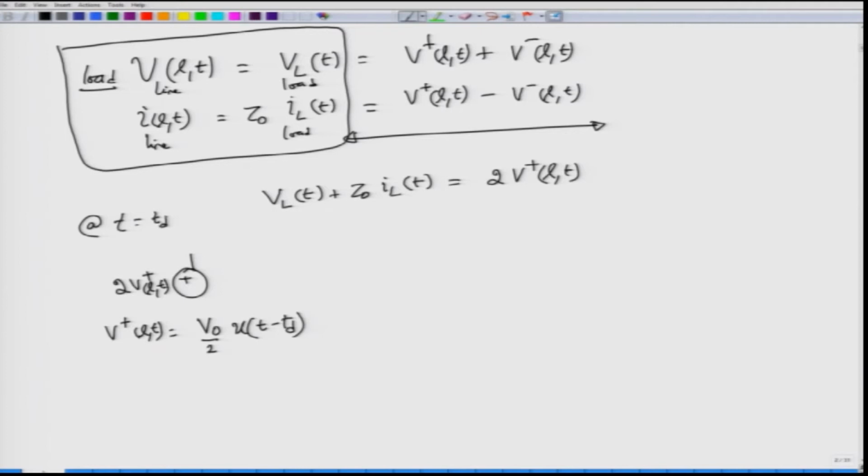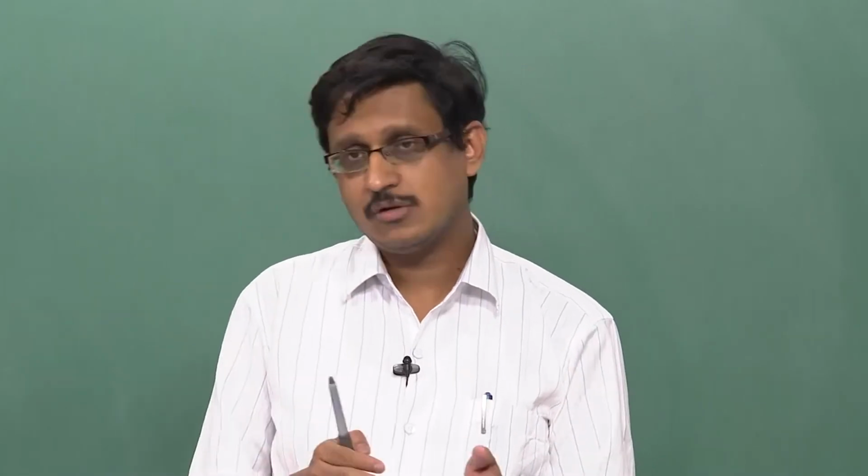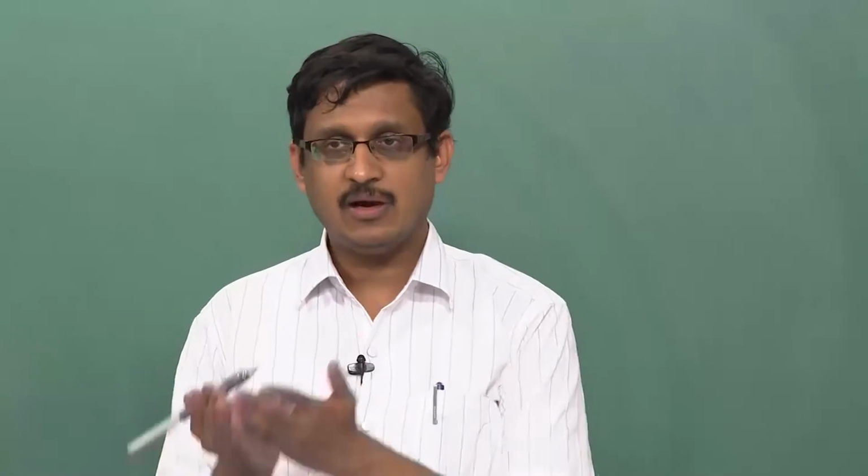Beyond that only, your voltage has arrived at the load side, and hence from the load side it will be reflected. So because of this one way propagation delay, V plus, the incident voltage at the load side, would be equal to the step voltage of amplitude V0 by 2 that has been delayed by Td.